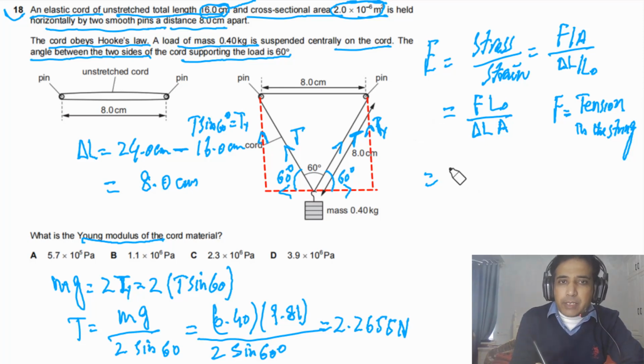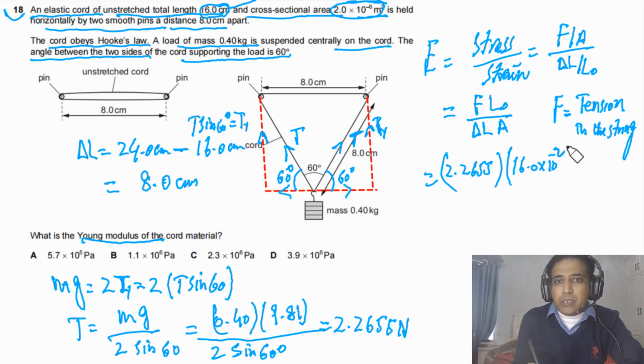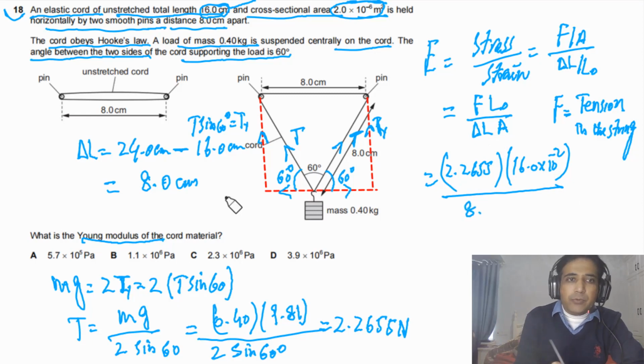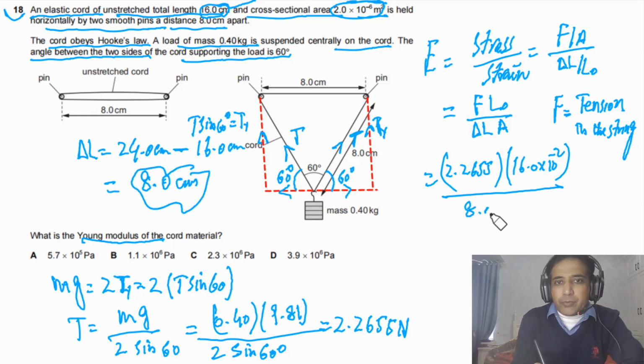Now simply we can plug in values here. We have 2.2655 multiplied by L naught, that is 16.0 centimeters, multiplied by 2, and delta L we have, that is 8.0, so this is delta L. 8.0 centimeters means 10 to the minus 2, and the value of A we have is 2.0 times 10 to the minus 6.